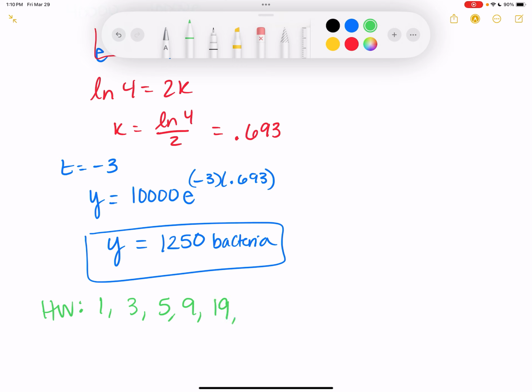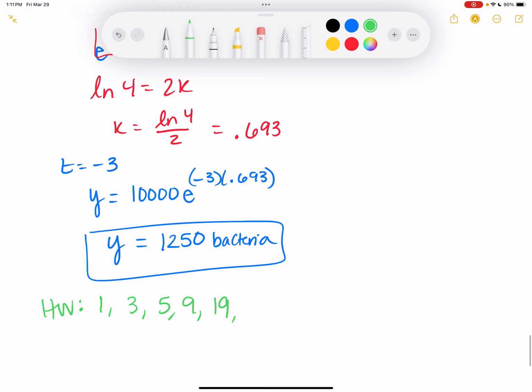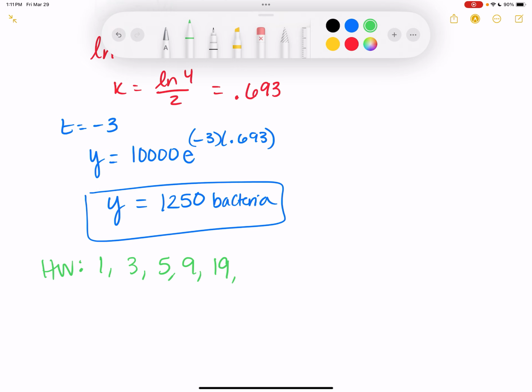You don't necessarily need to do A, B, and C, but you need to at least do one of them, and then also D, because D is continuous, which is a different formula. And then as far as half-life, which one did we do? Did we do 22? Yeah. Okay, so then 21 is you're actually finding the half-life in that one, so you're not finding the same thing. But 21 and then 23 for bacterial growth.